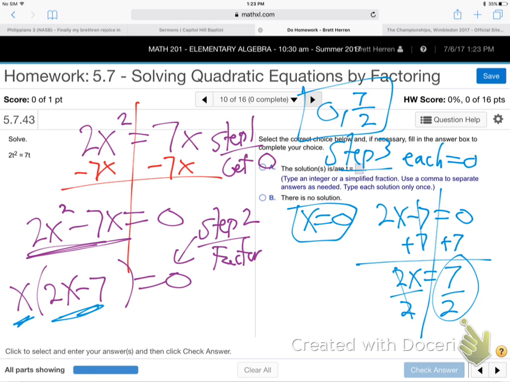How am I doing? Am I going too quick? Is that making sense? So again, when you got x squared, you got to get a 0. First thing, whatever's on the right side, just get rid of it, right? Get a 0, factor, and each one gets their own 0. Questions?